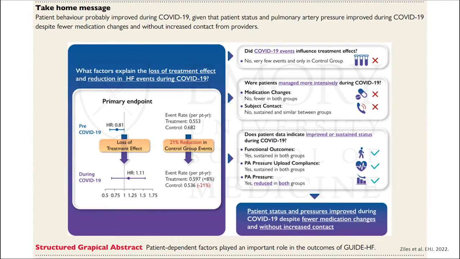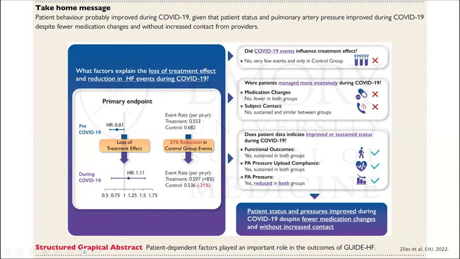about what exactly happened and what about the COVID pandemic may have led to a change in the early looks at what was going on with Guide HF. The pre-COVID analysis showed a hazard ratio for heart failure reduction events that was statistically significant, barely, but it seemed to be right on that threshold.